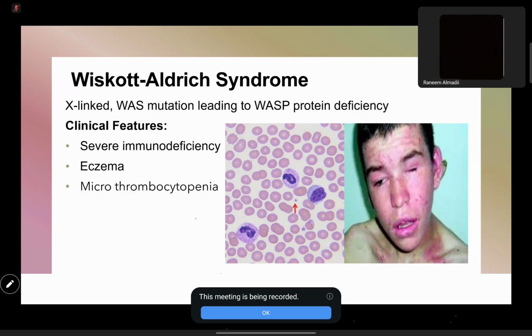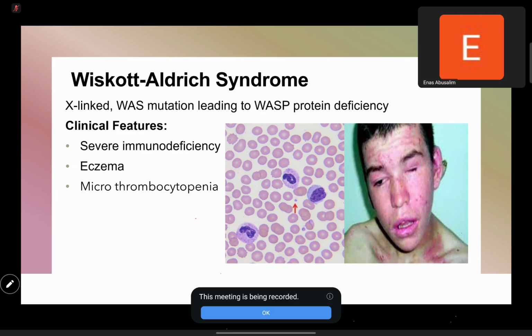Maybe homozygosity or compound heterozygosity. No, because you have 2 X chromosomes. What about skewed X inactivation? Exactly. What we call extreme lyonization of the X chromosome.